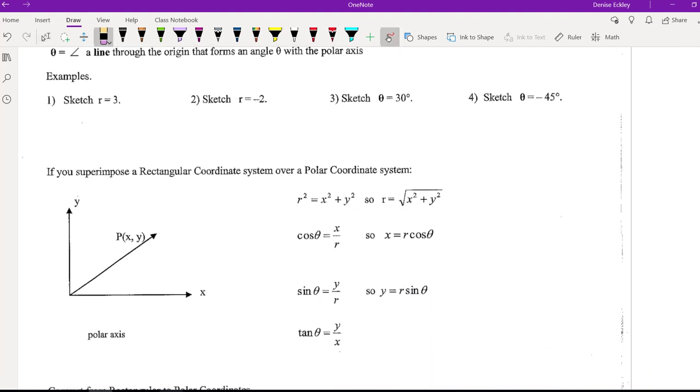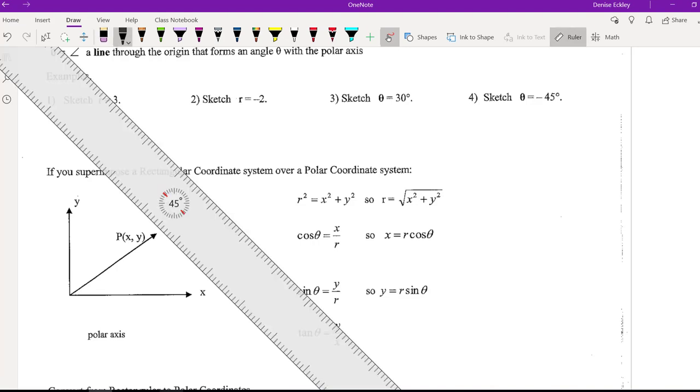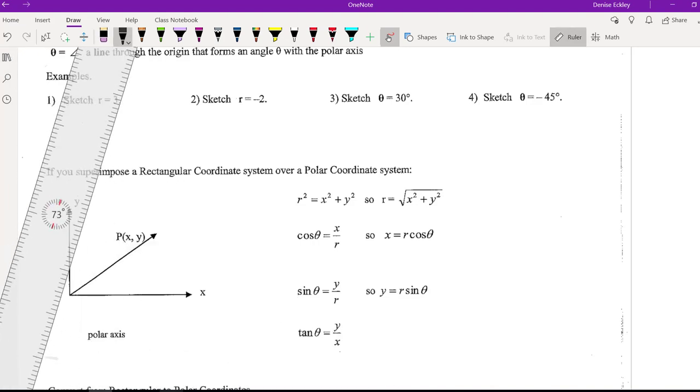So sketching r equals a constant. Now, we don't have an angle in there, so that means that theta could be any angle. And since we're talking about a circular grid, let me just draw a quick little grid here.